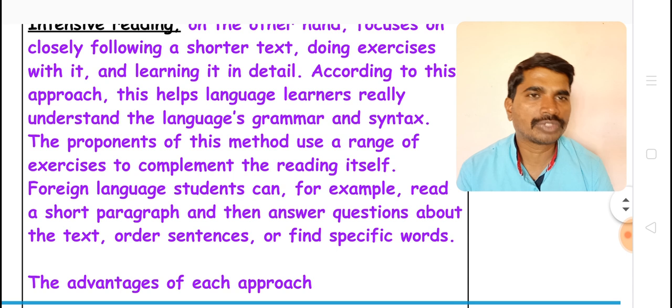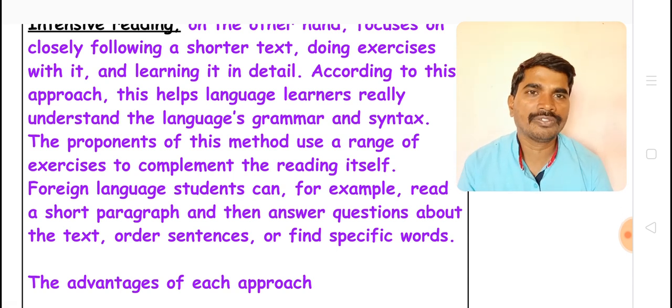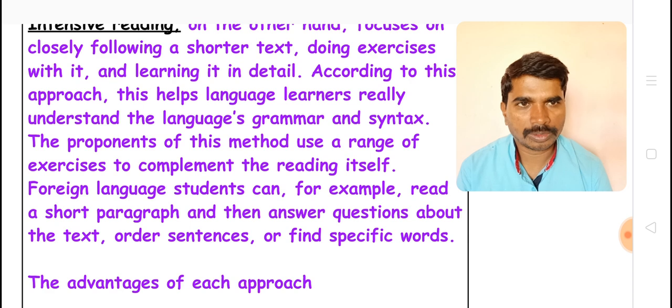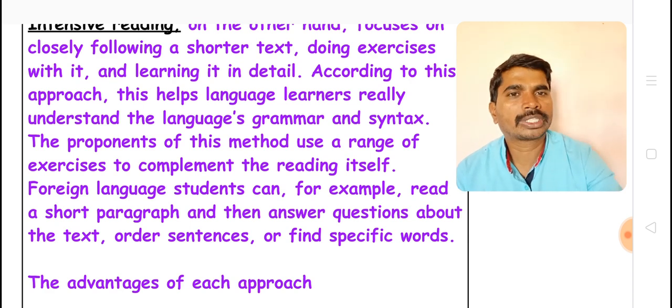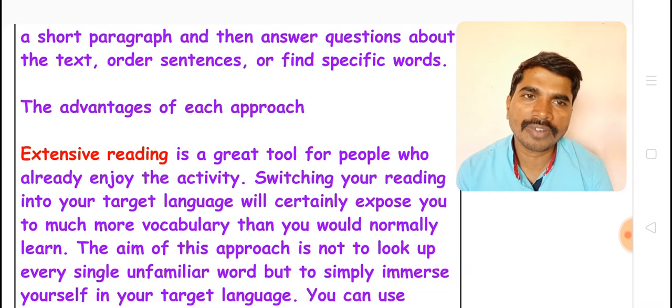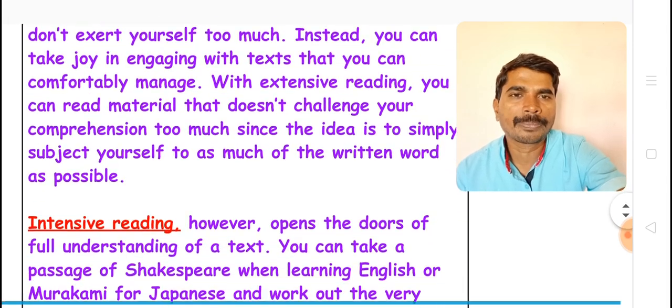The proponents of this method use a range of exercises to complement the reading itself. Foreign language students can, for example, read a short paragraph and then answer questions about the text, order sentences or find specific words. Both these methodologies have advantages as well as disadvantages. I have listed them out.